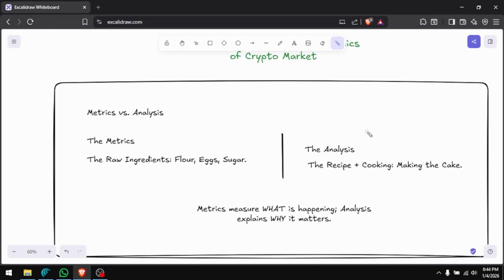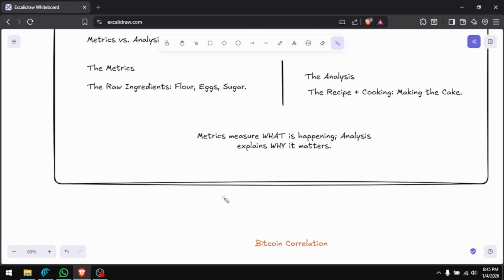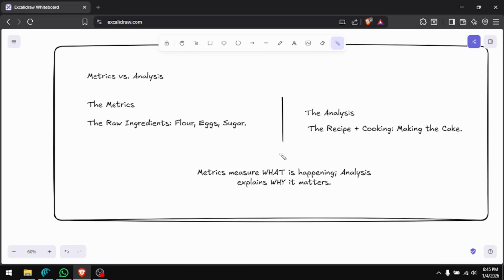You need ingredients for that cake: flour, eggs, and sugar. Then you mix and combine those ingredients so you can create something that can be baked. That is called analysis. To make it simpler, metrics is what is happening in the market, and analysis is why it is happening in the market. This is the simplest explanation of metrics and analysis.